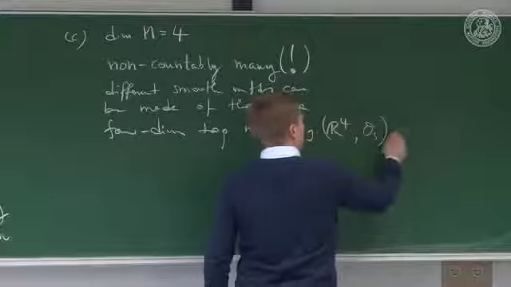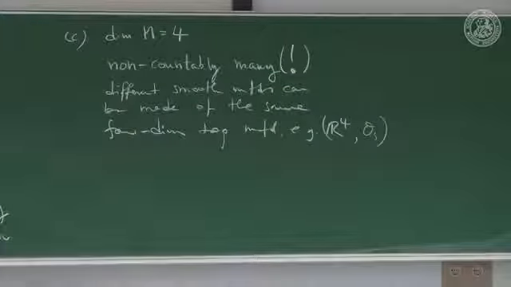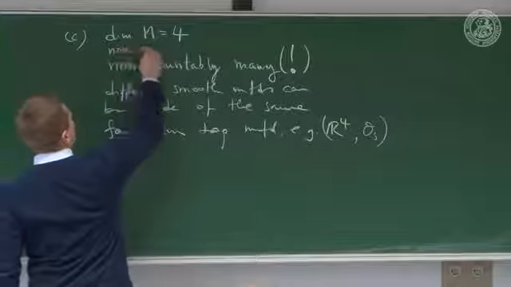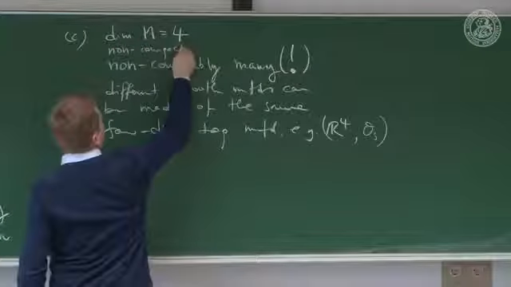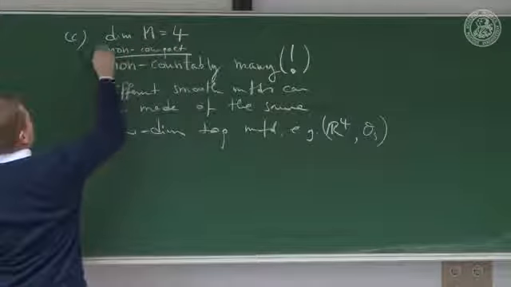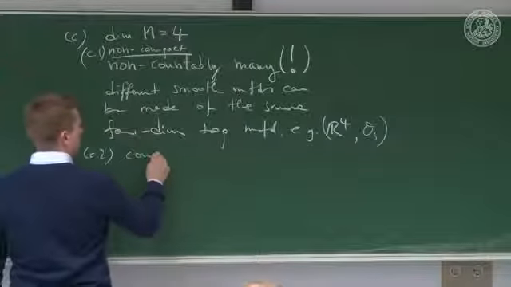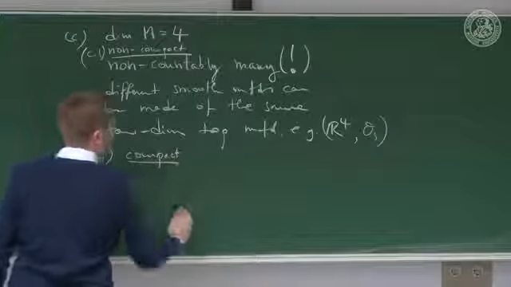We know this is a topological manifold of dimension 4. And you have non-countably many different ones. This is at least true for the non-compact case. So here we can have C.1 is the non-compact case, and C.2 would be the compact case.